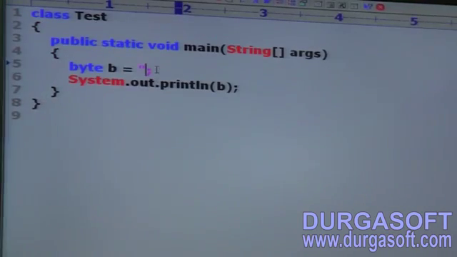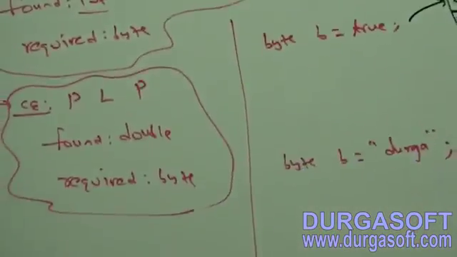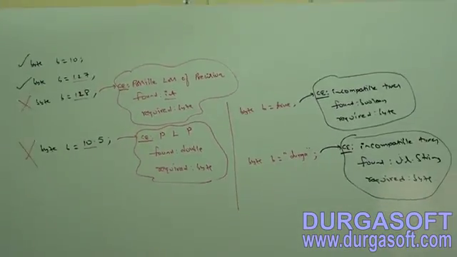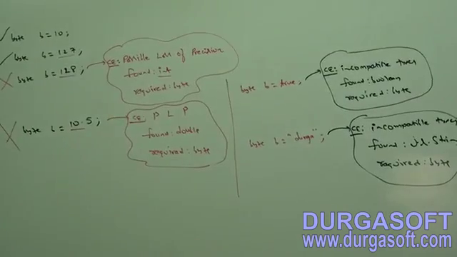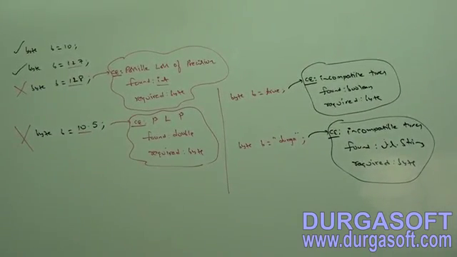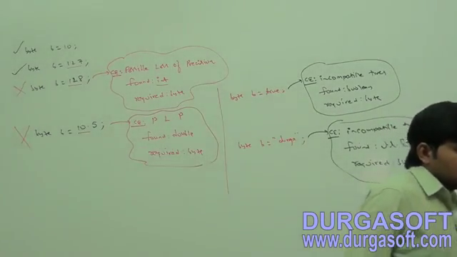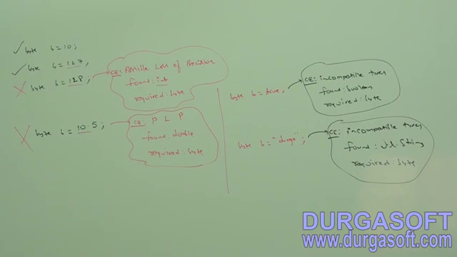Byte b is equal to Durga: incompatible types, found java.lang.String, required byte. Clear for all of you, right?